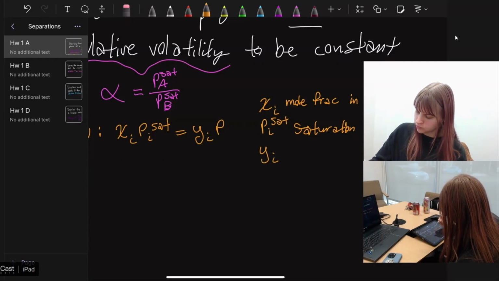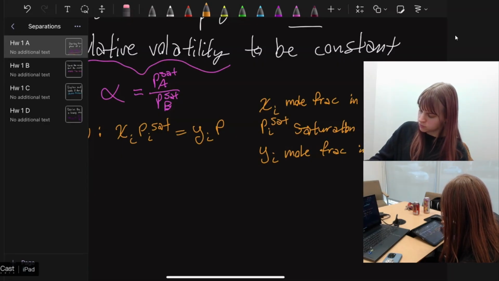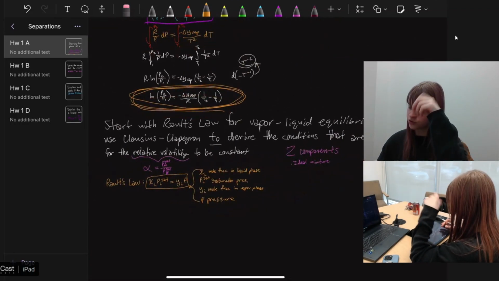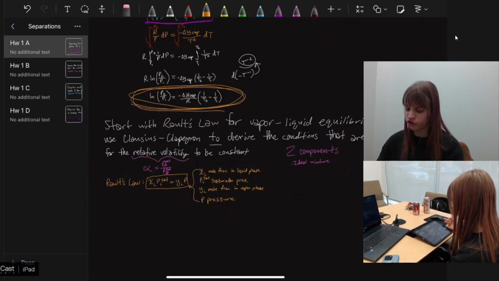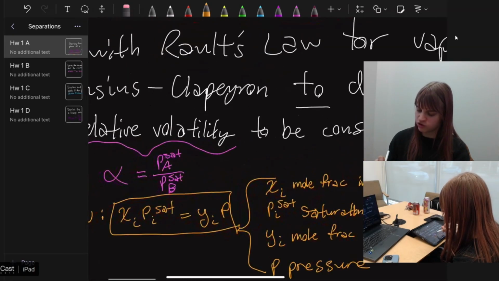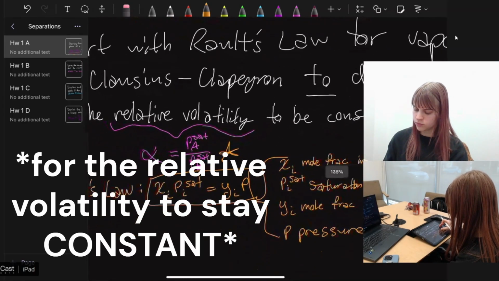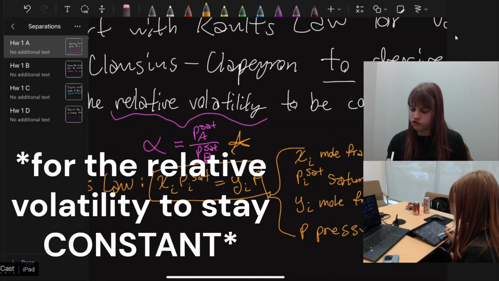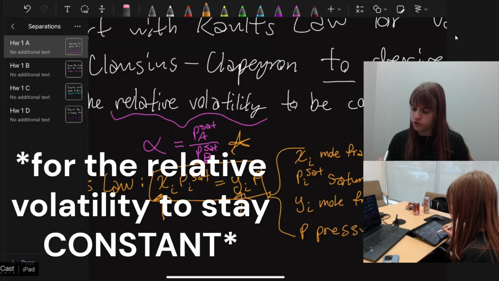Yi is the mole fraction in the vapor phase. And then P is just the system pressure. So we want to go from this for our two components in an ideal mixture, and we want to derive the conditions that are needed for this to be true. So as these values change, we still want this to be true.